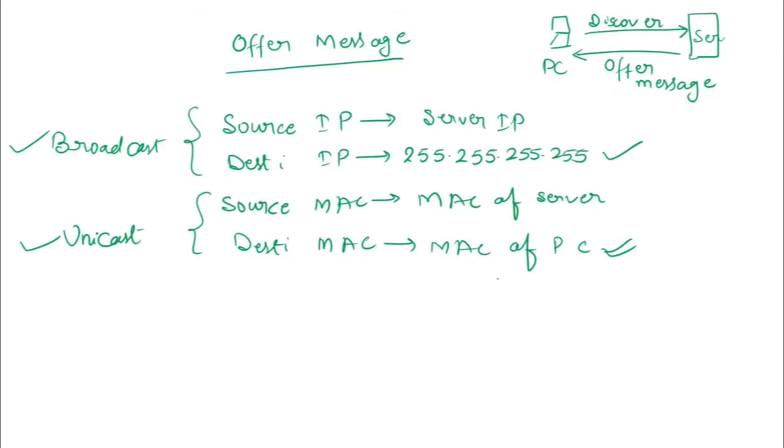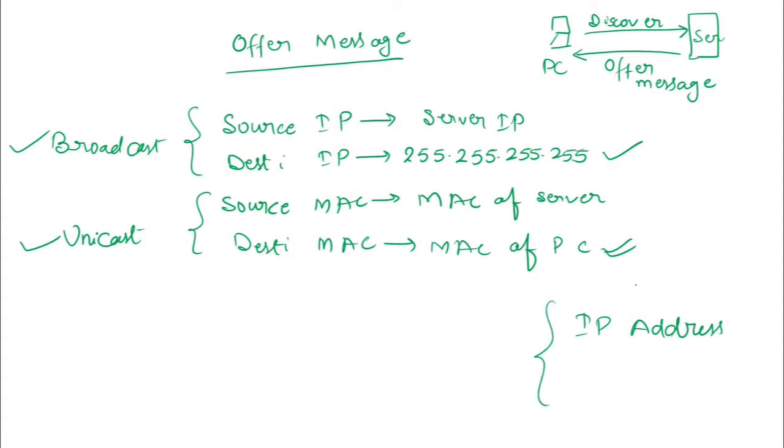Okay, so now from the PC to the server we have two messages till now. The first one was discover. The server has given an offer. In the offer, it is giving the information of the IP address it has chosen, right?